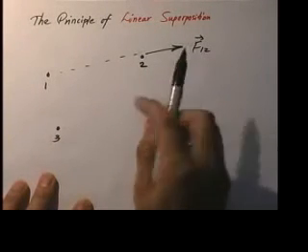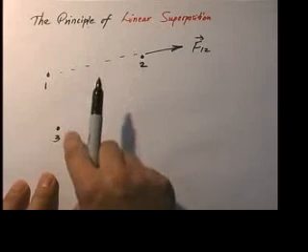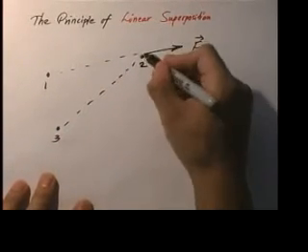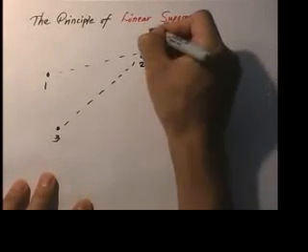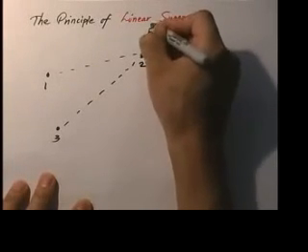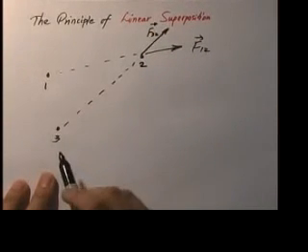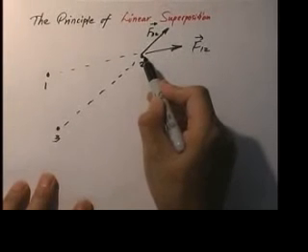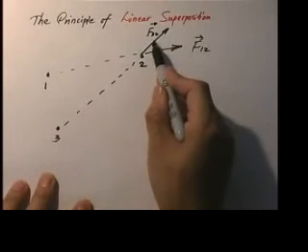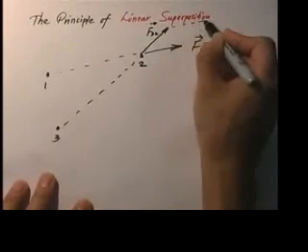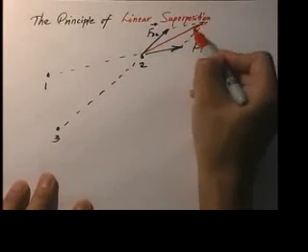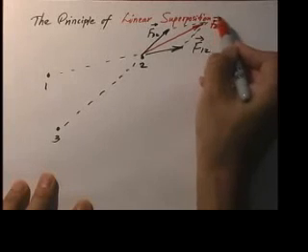And now suppose charge 1 were not present at all, only charge 3 were present, then charge 3 would give charge 2 a force like that, okay? We call it F3 to 2, right? And then the principle further says that the actual force on charge 2 is really just the linear summation, the vector summation, of these 2 forces. So in other words, it's like that. That is the actual force on charge 2.